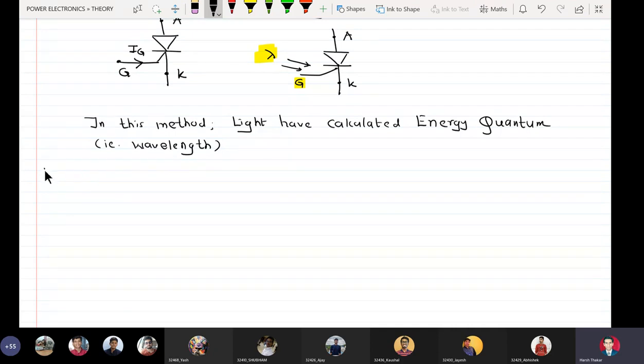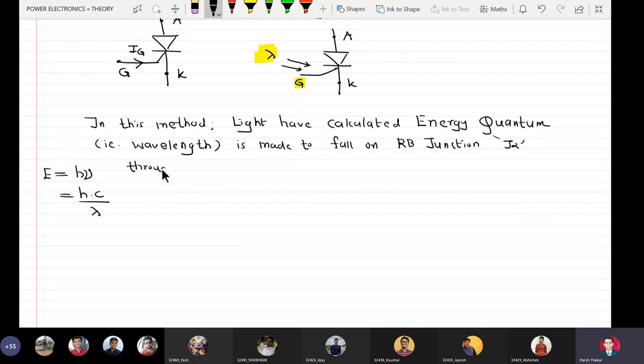We know that according to the formula E is equal to h nu, it is equal to hc upon lambda, so energy is inversely related to wavelength.